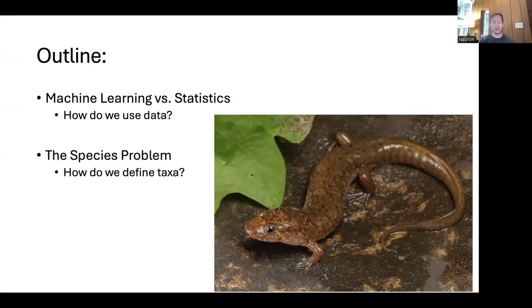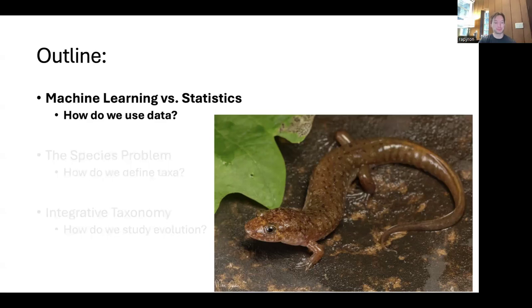Then we'll talk a little bit about the species problem, something I imagine most of you have thought a great deal about. How do we define taxa? What is it that we're trying to actually analyze? And then sort of bringing those together, what can we think about in terms of integrative taxonomy, not only how we study species or speciation, but how that ties back into our broader understanding of evolution as well.